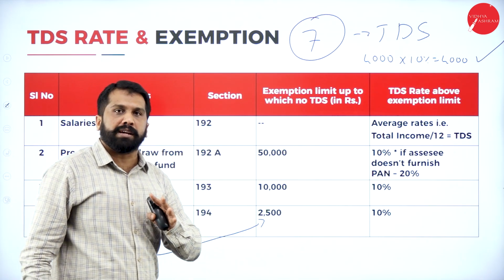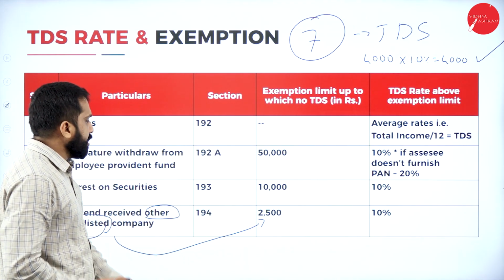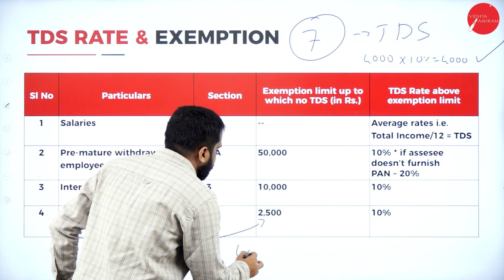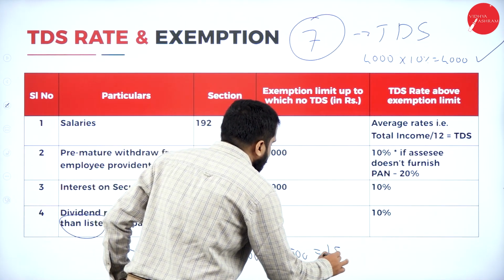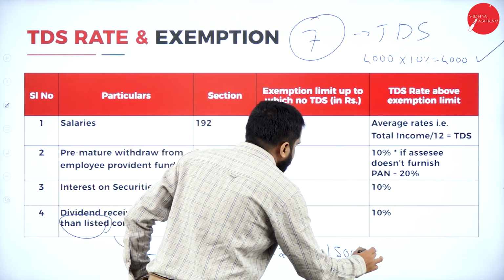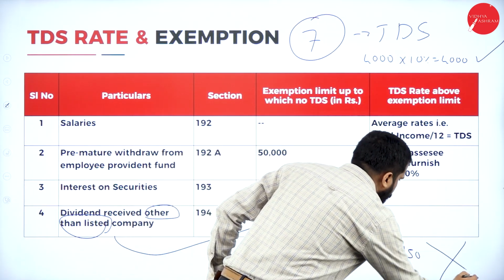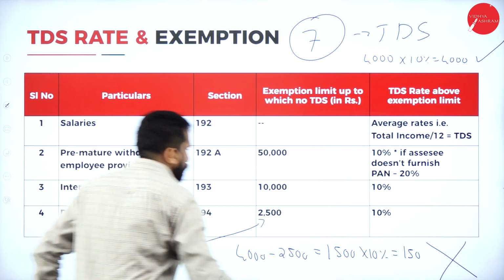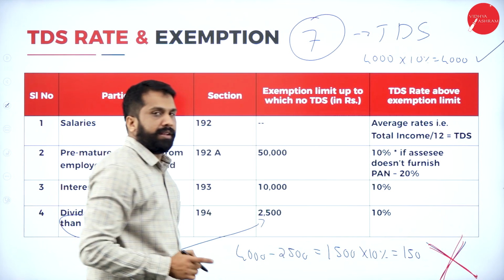Some students, what will they do? 4,000 is given in the question paper. Sir told that up to 2,500 is nil. What I'll do now? 4,000 minus 2,500. Answer is 1,500 into 10%, 150. Please don't make this mistake. This is wrong.